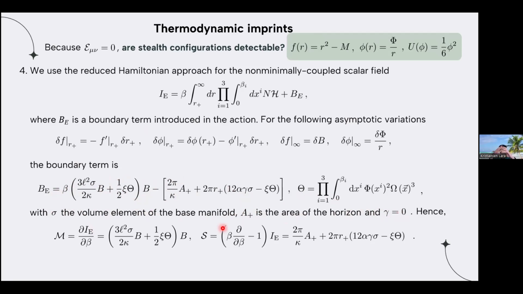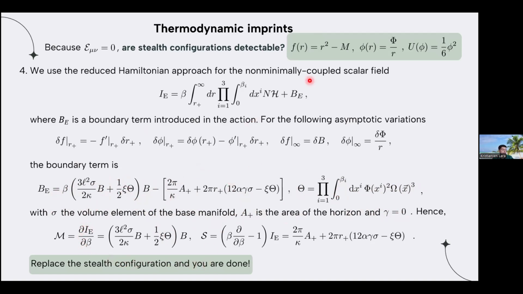The stealth configuration shifts the mass and shifts the entropy in a particular form according to this capital theta expression given by this integral, which is non-trivial. This integral is very non-trivial. So replacing the stealth configuration, you are done. What I am saying with this is: replace these here and you are done. You will prove that the stealth produces a shift on the mass and the entropy.